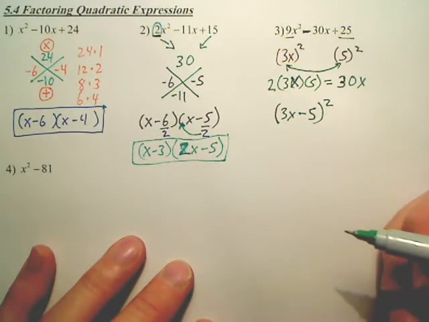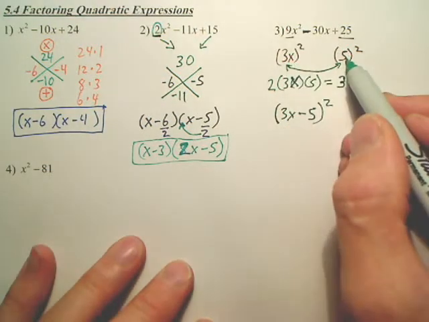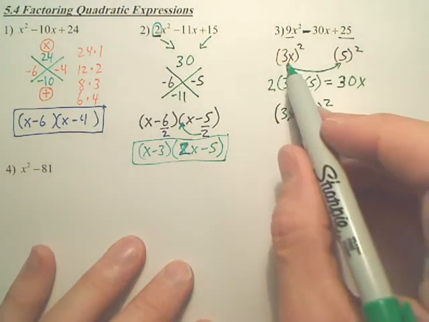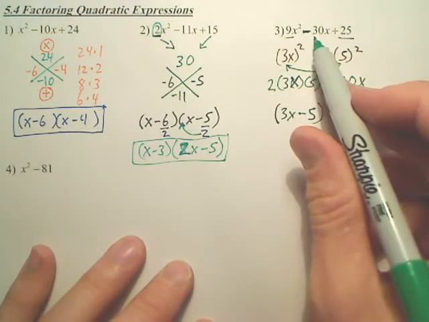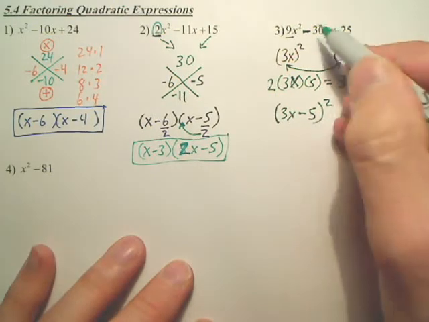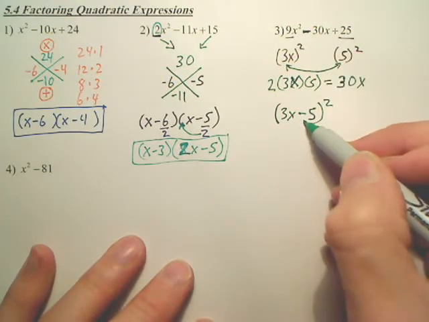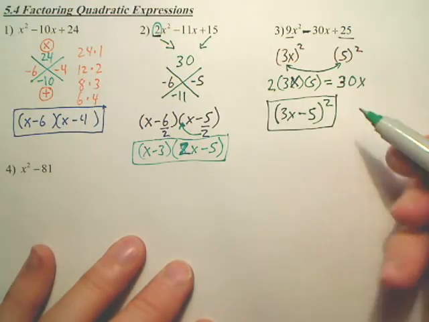It's a really simple factoring if you can notice these are both squares. If those pieces are multiplied and doubled equal the middle, then it's simply that piece, and whatever sign that is goes in the middle, squared. It's a very quick factoring technique.